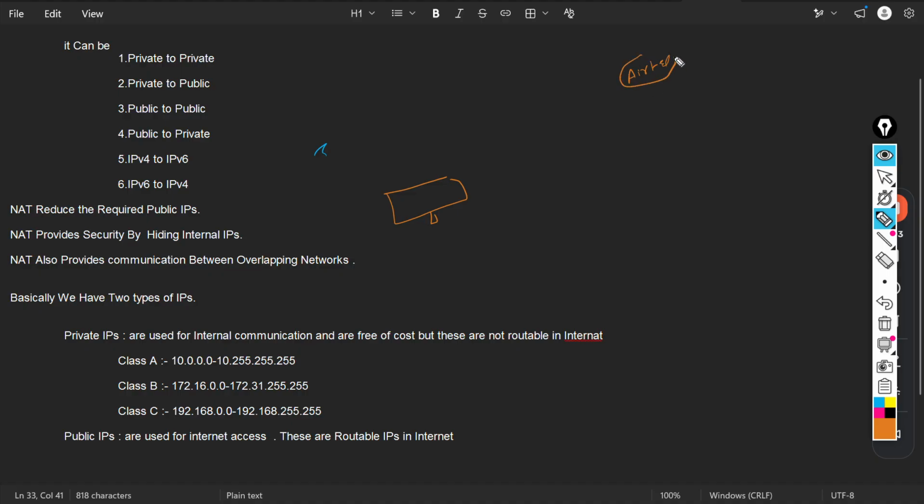When I take an internet connection from Airtel, Airtel gives one cable. This is the internet cable. If I connect this internet cable to my laptop, I can get internet access only from this laptop.